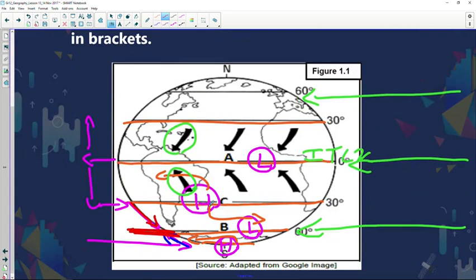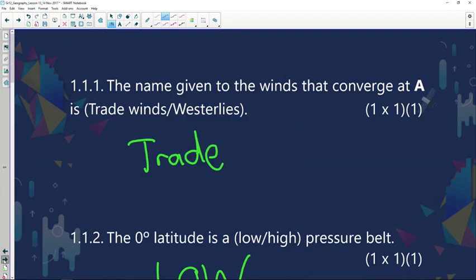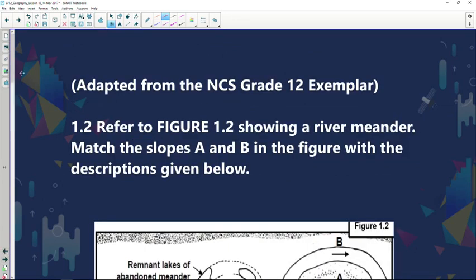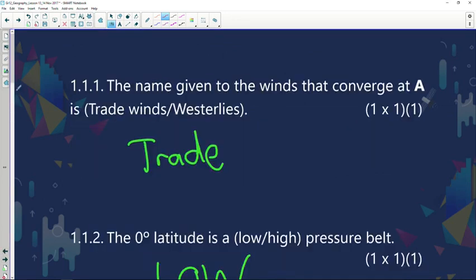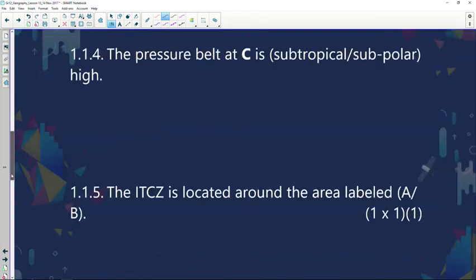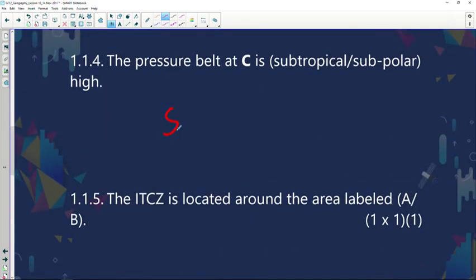This is the subtropical high pressure belt, and this is where South Africa is actually situated. So let's quickly fill that in. High pressure belt.